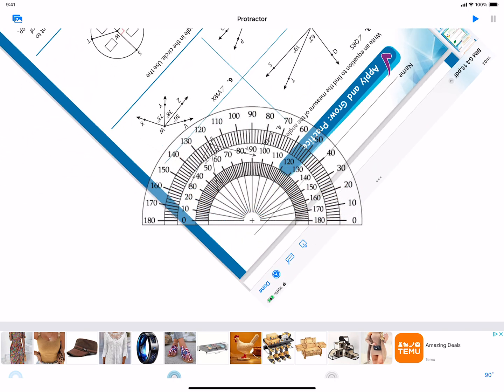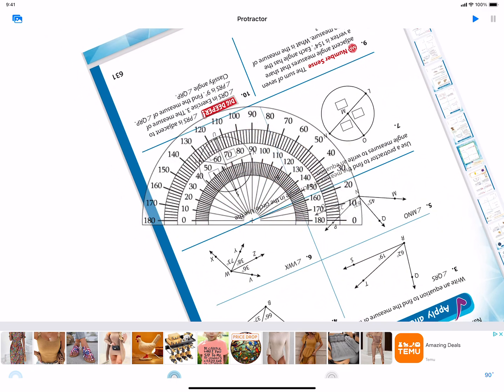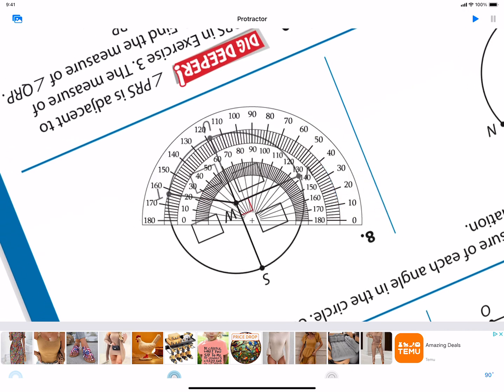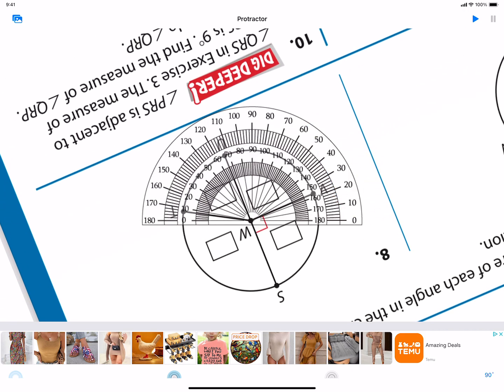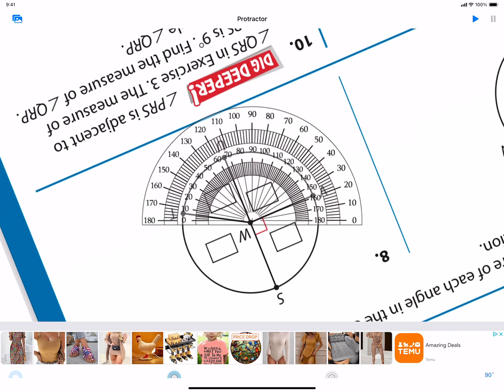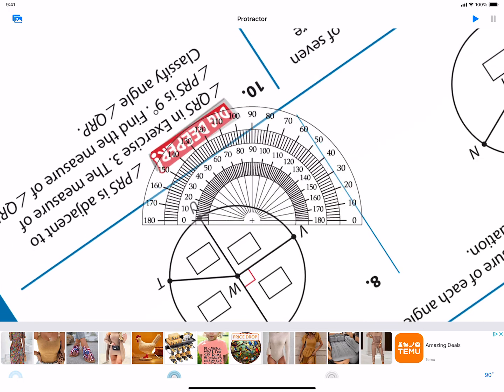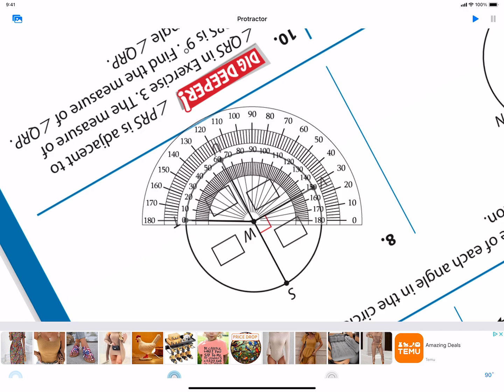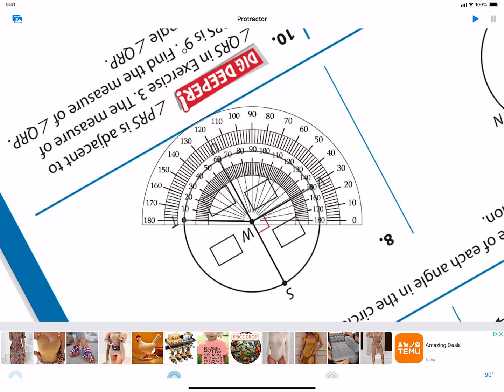Can it be? No. I need to tilt more. This is not exactly correct since I'm not using my actual protractor, but let's use it.